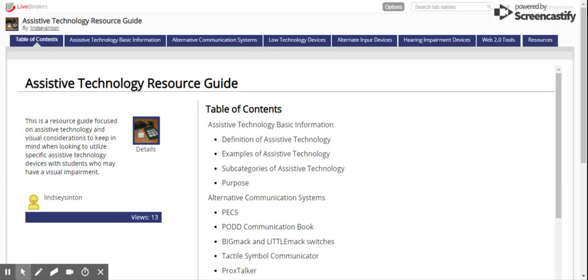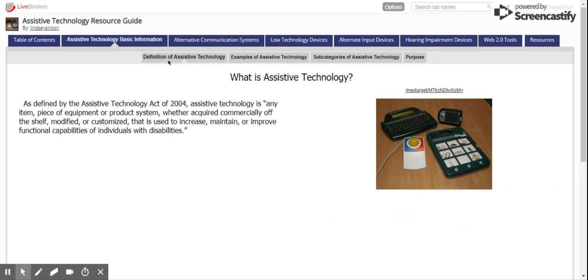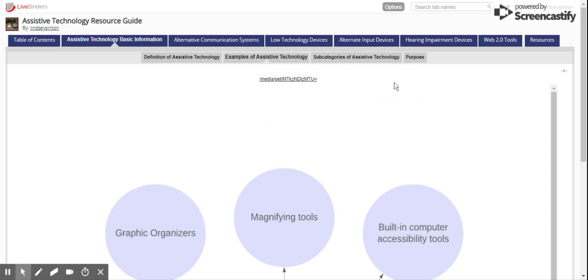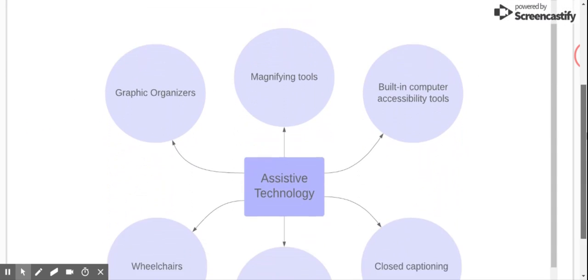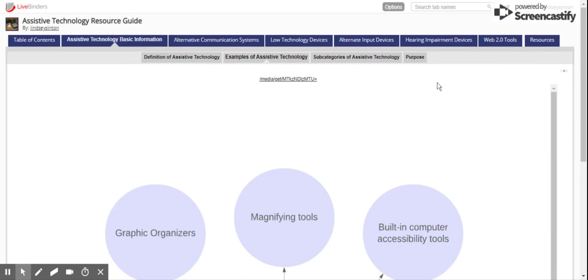So with my live binder, you can see there's a table of contents, and then I have the different tabs for information that's needed. If you look at the first tab, there's the assistive technology basic information. I included the definition of assistive technology as defined by the Assistive Technology Act of 2004. And then I also included some examples with a graphic that I created, just a few examples for all the ones that we talked about in class.